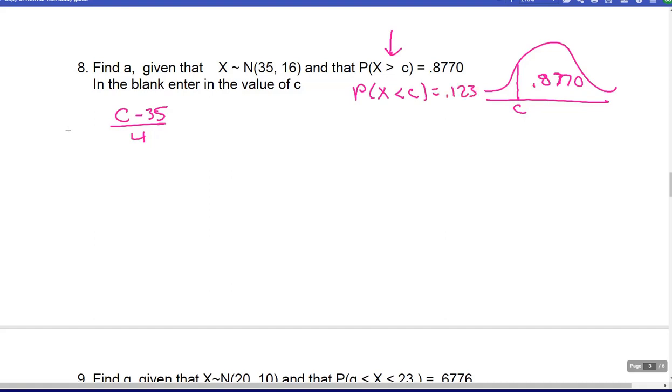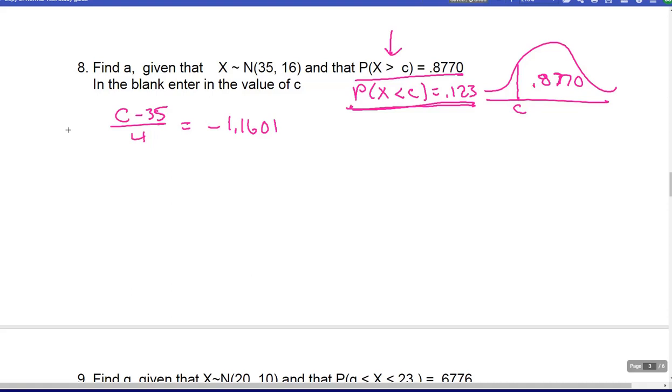Okay, so now you notice this is also true. If this is true, this has to be true. But this is now what I'm going to use my inverse for, right? So put in the inverse of that. Tell me what you get. I got negative 1.1601. Right? And so now, how do I solve it?